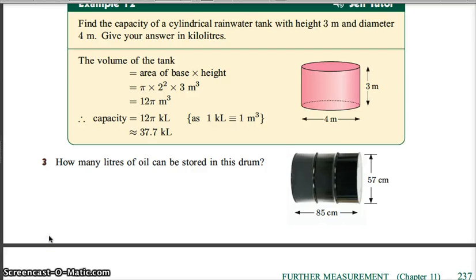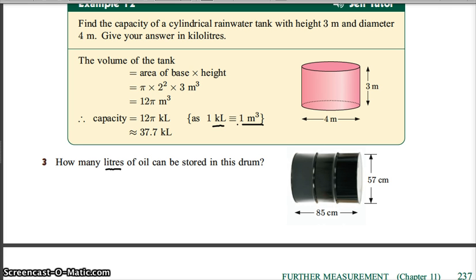So the curious thing about this question is when you read the question, which is very important, obviously, it does state to you how many litres of oil can be stored in this drum. And in the examples further up, they let you know that 1 kilolitre equals 1 cubic metre.